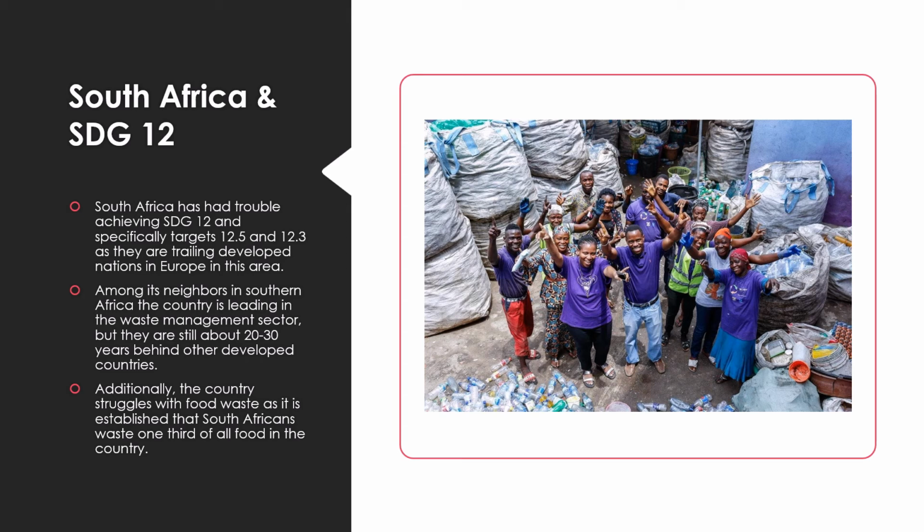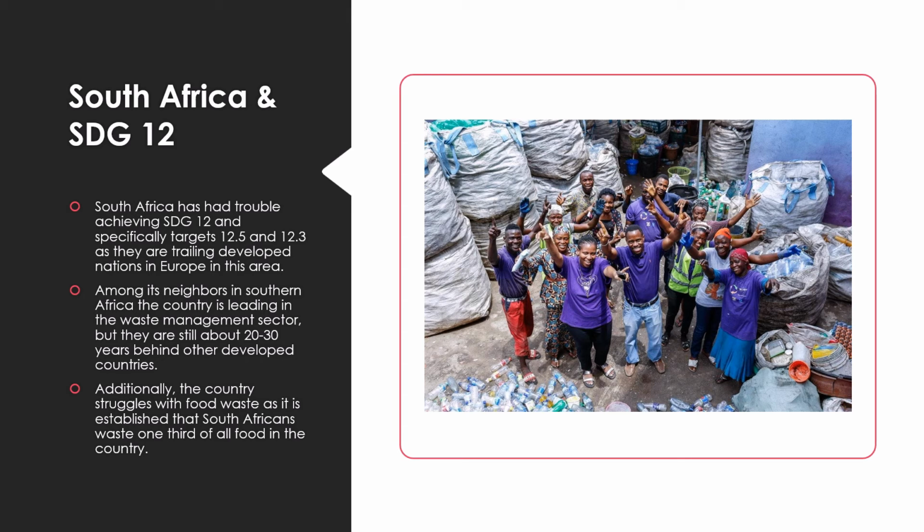So not a lot of it is being recycled, and also a lot of food is wasted as well, as you see there, roughly 10 million tons of food annually. That's the number. And this report was found by the World Wide Fund for Nature South Africa, so they're looking into that.